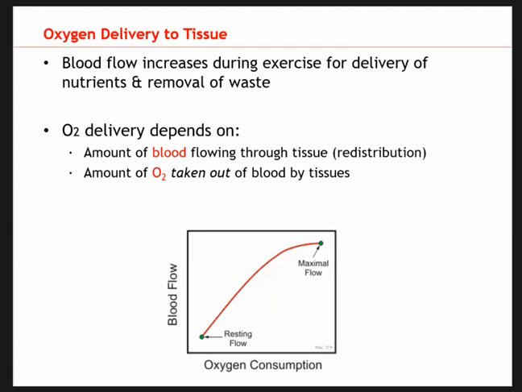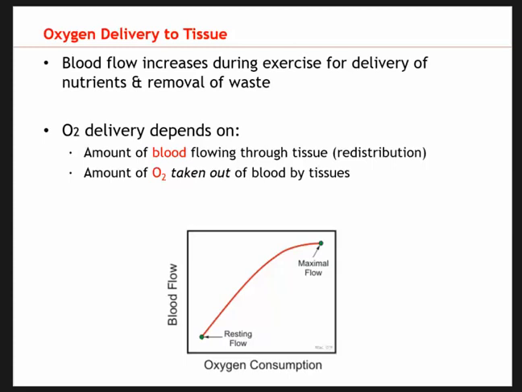But the second factor is oxygen delivery depends on the amount of oxygen taken out by the body's tissues. So during exercise, blood flow and oxygen extraction by the muscle increases. It amplifies. So we have greater blood flow to a muscle, and more oxygen is now being taken out of the muscle. So what does this mean? We'll explain it on the next slide, but think about it.